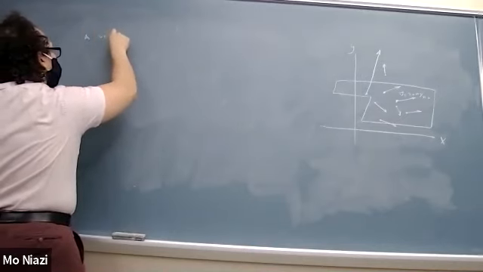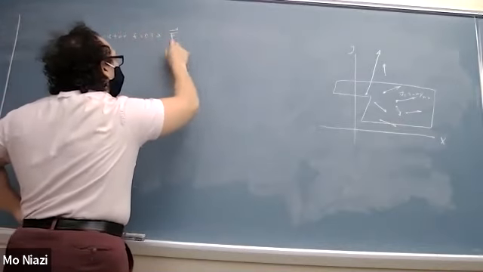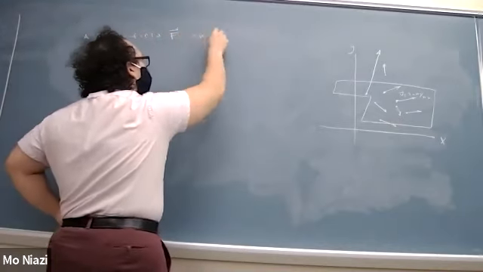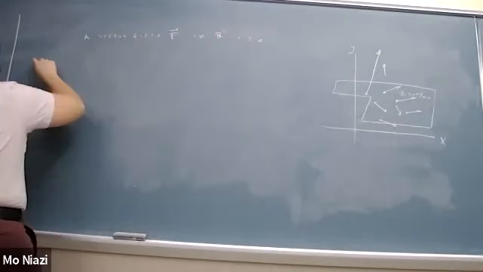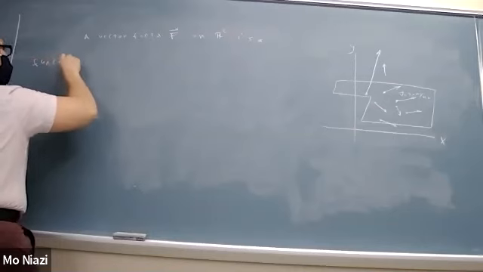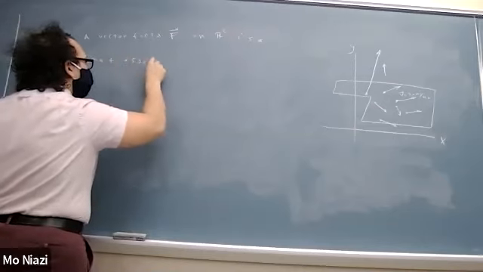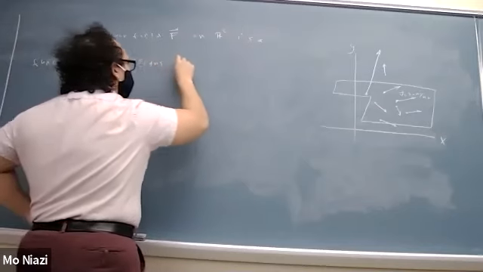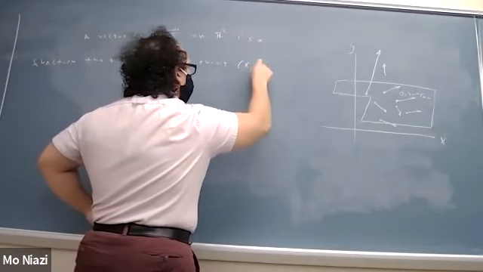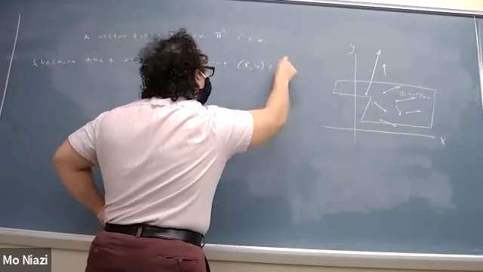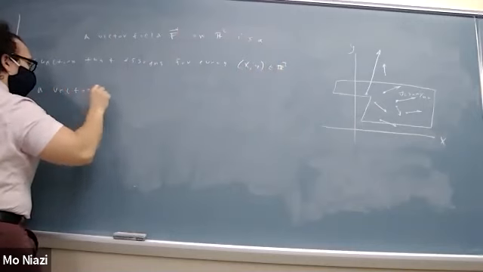Okay. So the definition of a vector field on R2. A vector field F on R2 is a function that assigns for every xy element of R2 a vector v.